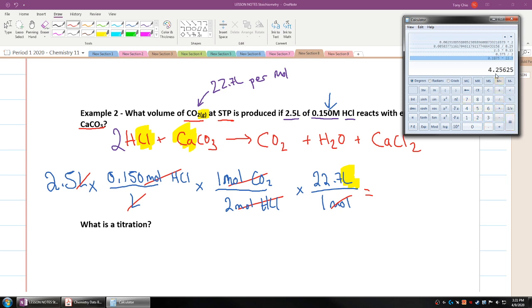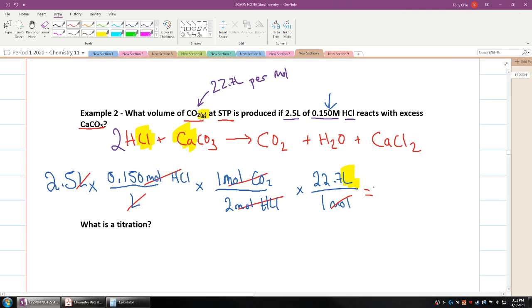And I will get two sig figs, because the least number of sig figs in this case is 2. I will get 4.3 liters of CO2 gas produced. So this is an example of how we solve for volume when it's dealing with STP.